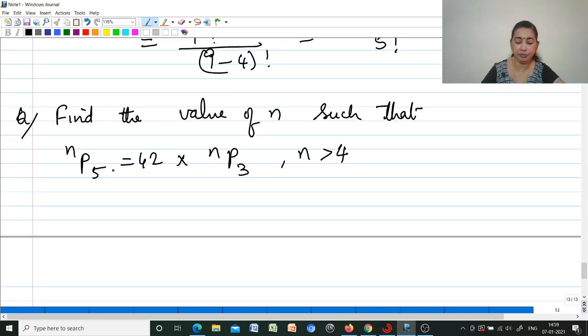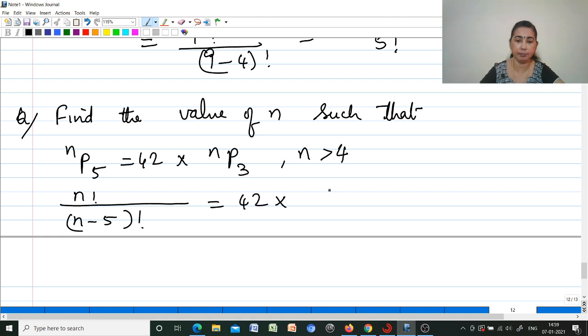So nP5, how can we write it? nP5 means n factorial divided by n minus 5 factorial, is equal to 42 into nP3, which is the same as n factorial by n minus 3 factorial. And we can see that this n factorial is common on both sides, it can be cancelled.